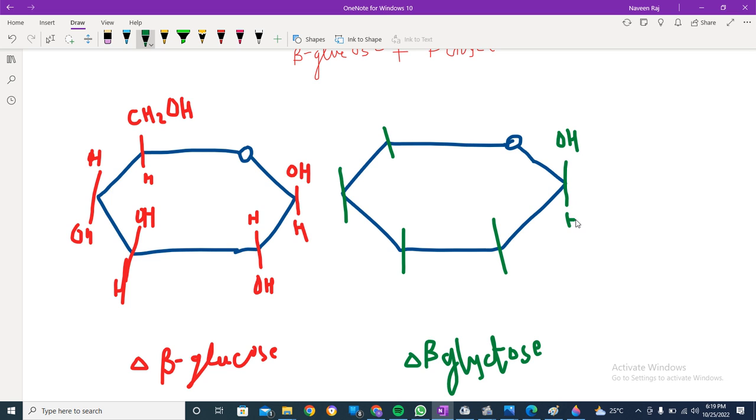H over here. Now C2 is the same, H and OH. C3 is kind of different, because I have told you in the previous video that the case of glucose appeared in all the cases. We got a difference over here, OH and H. Now in the case of galactose, we have got a difference on C4 as well.